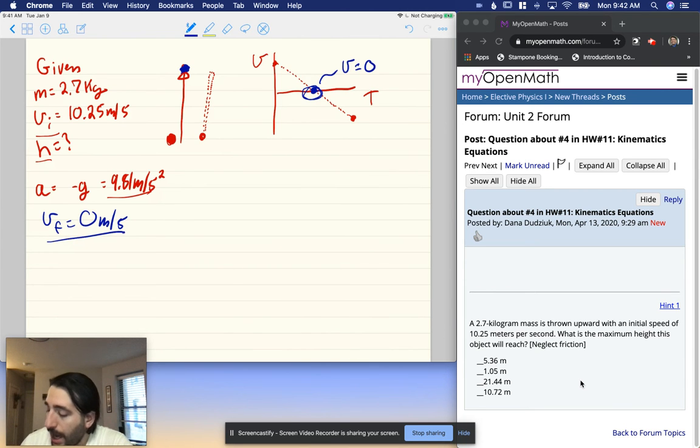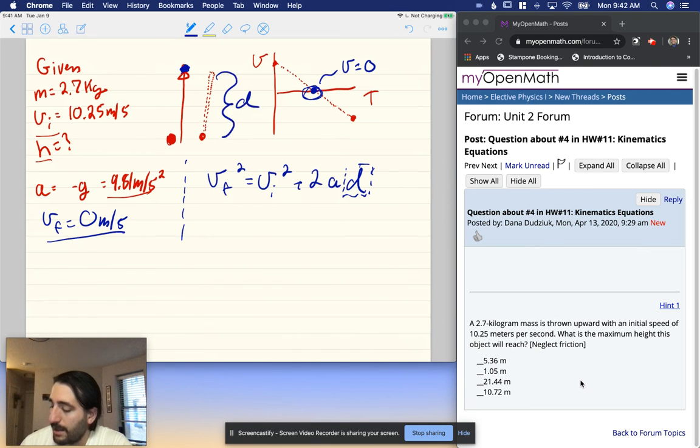So now I would search through my equations and I'd see V final squared equals V initial squared plus 2AD. In this case, D is representing that maximum height. Okay? My initial velocity is the 10.25. My final velocity is 0. We specifically chose a number that would make that happen.